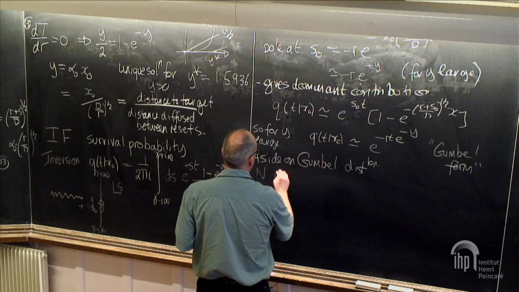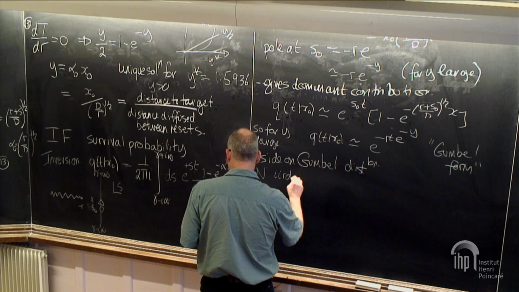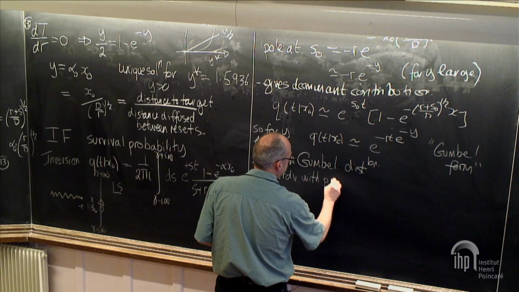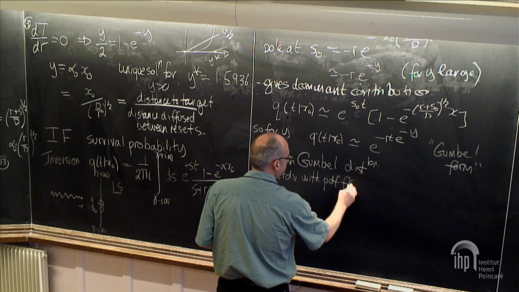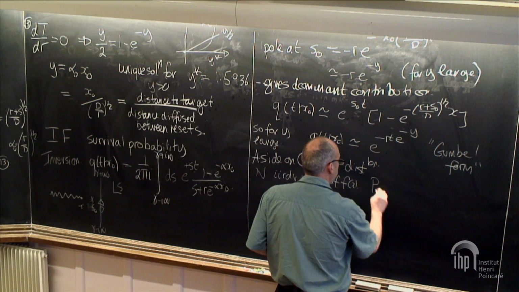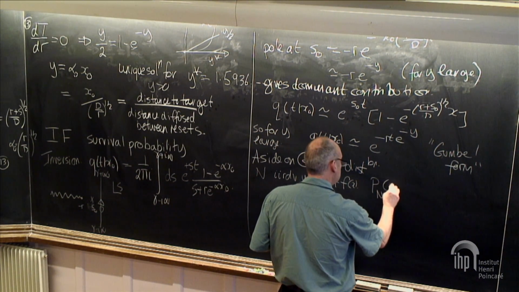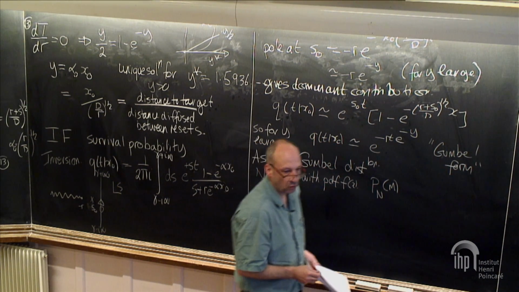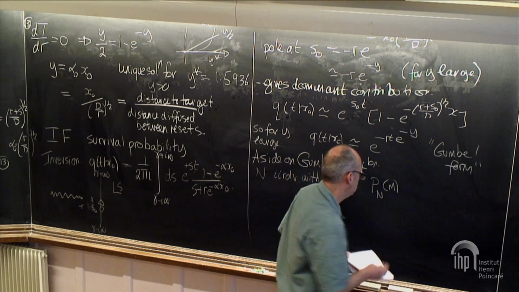So if I have n IID random variables, and let's say their PDF I'll just call f of x. And I'll denote P_n(m) as the probability that they're all less than m.